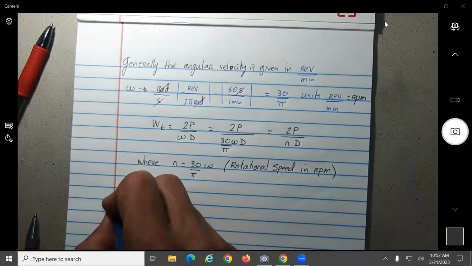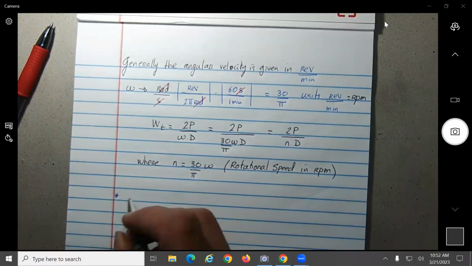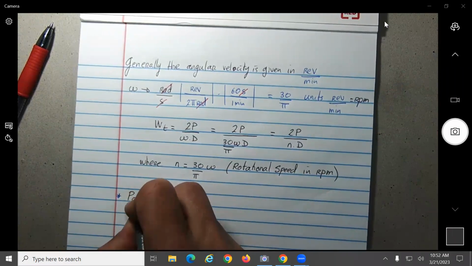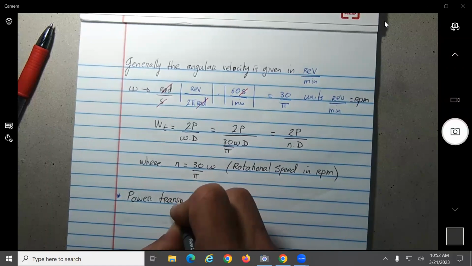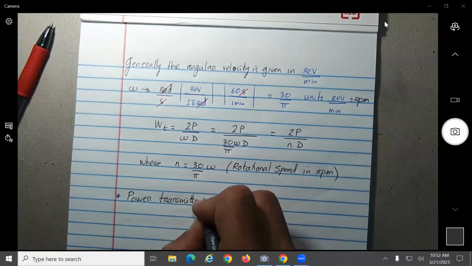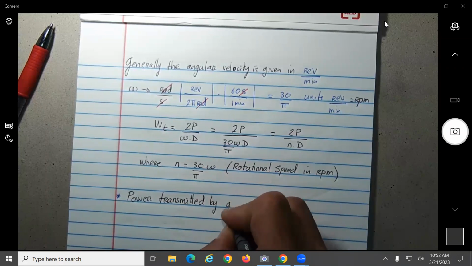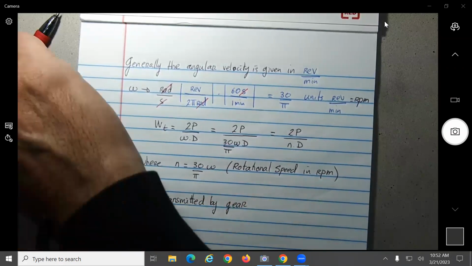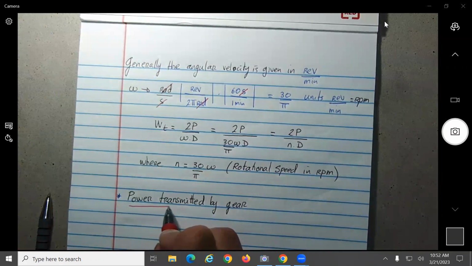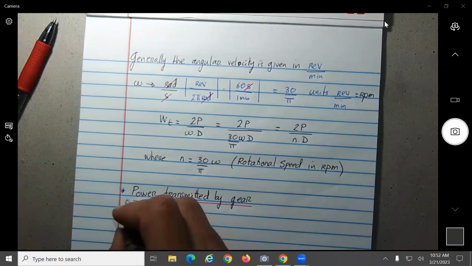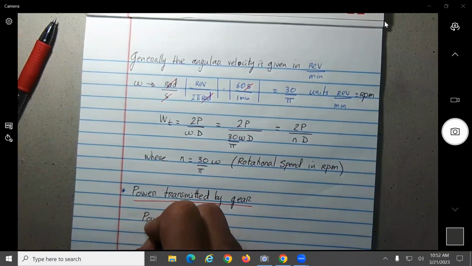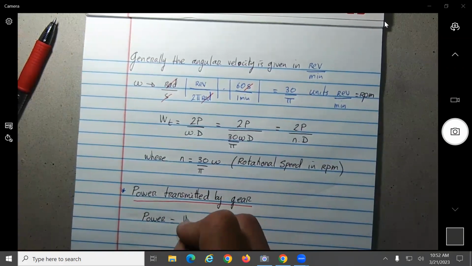So now let's look at the power transmitted by gear. So we said before, power is work over time.